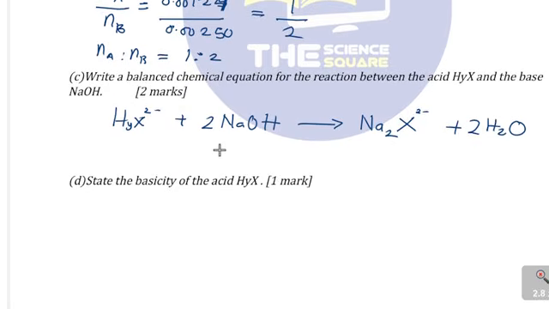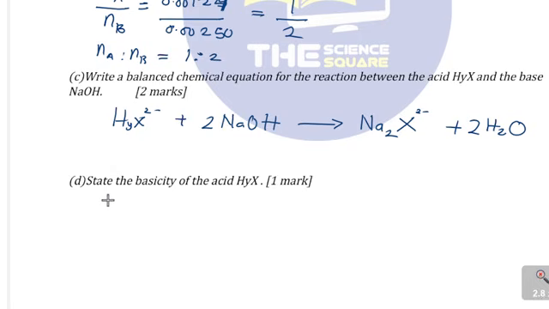From what I just explained, this acid is reacting with 2 moles of sodium hydroxide. So for sure this will definitely be an acid with basicity of 2, for the fact that the acid is reacting with 2 moles of the base.